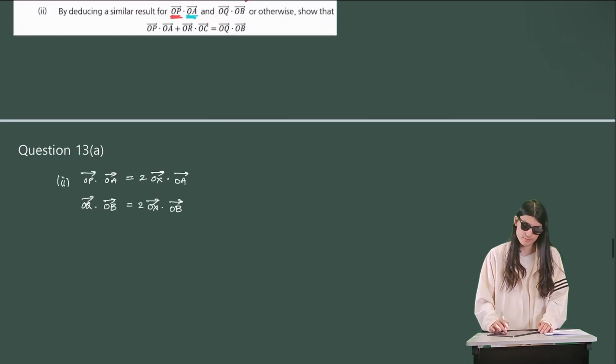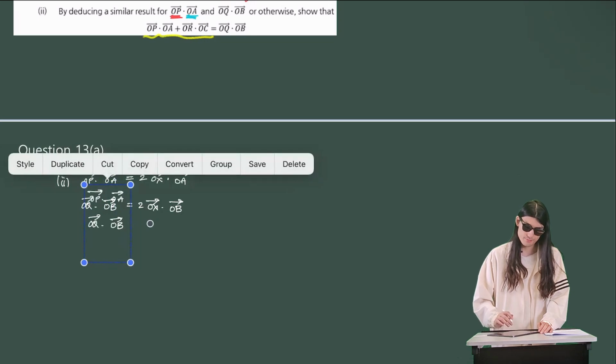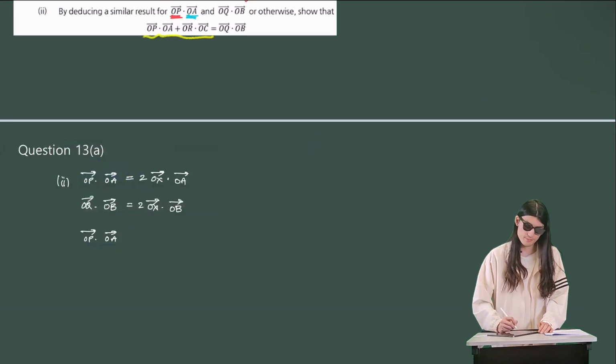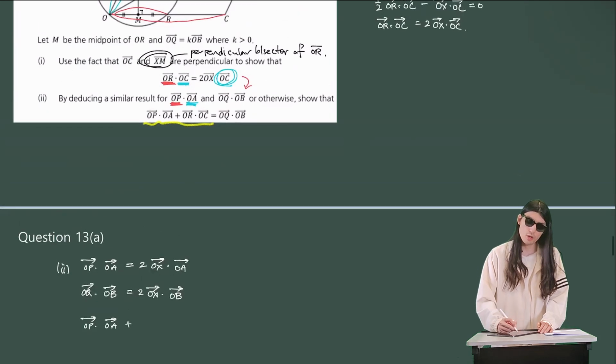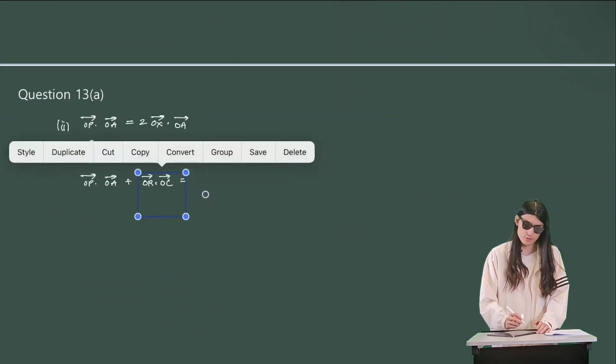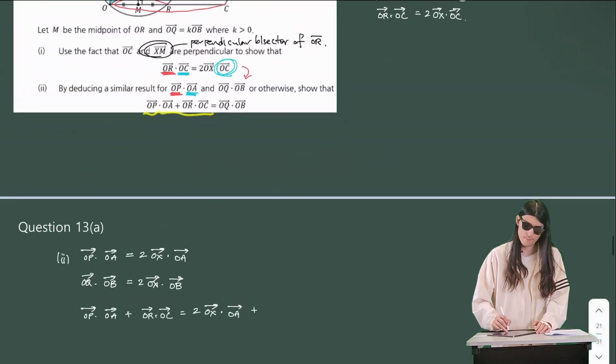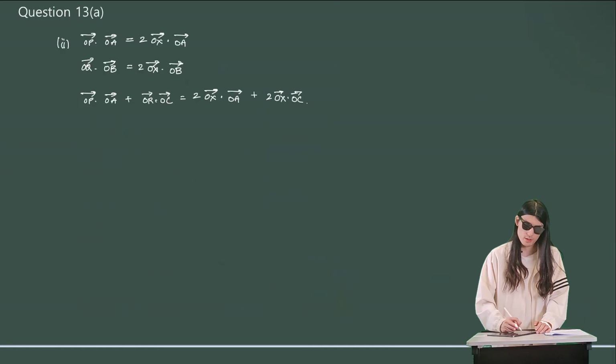Now noting those results, the sum of those two added, OP dot OA plus OR dot OC, which you got in part I, should then be equal to 2 times OX dot OA plus 2 times OX dot OC, which is 2 times OX dot (OA plus OC).